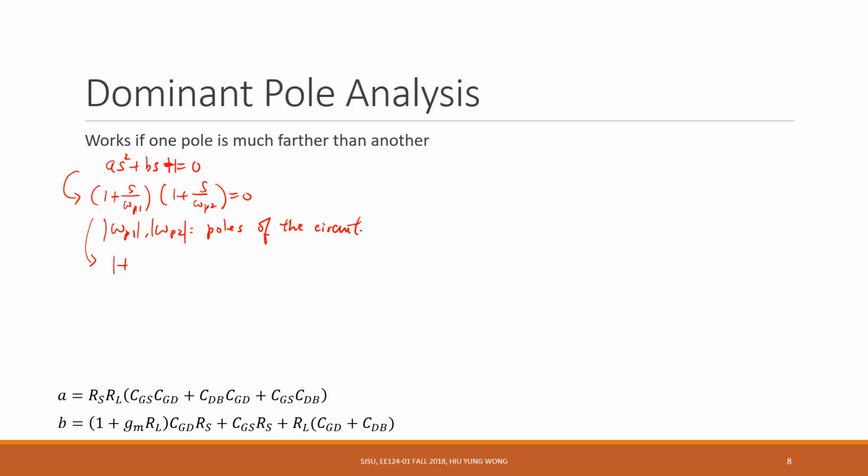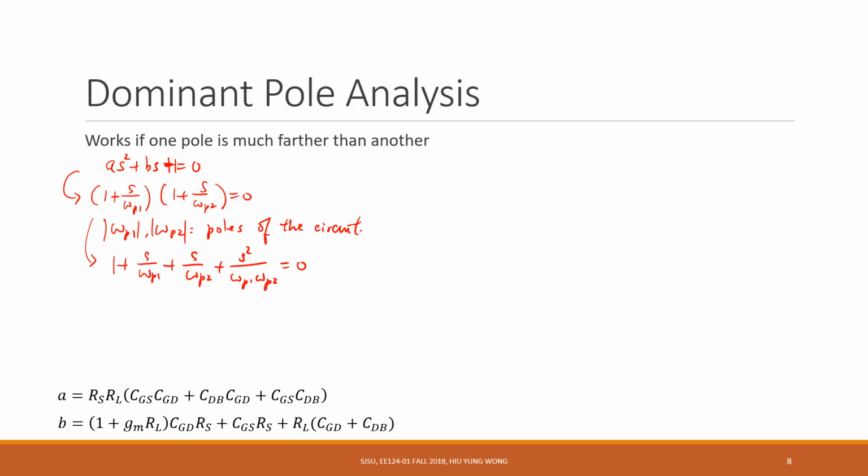This becomes 1 plus s divided by omega p1 plus s divided by omega p2 plus s squared divided by omega p1 omega p2 equal to 0, right? I just multiply 1 to 1, 1 to s divided by omega p1, and s divided by omega p2 to 1, and then s divided by omega p2 to s divided by omega p1, and I get this.